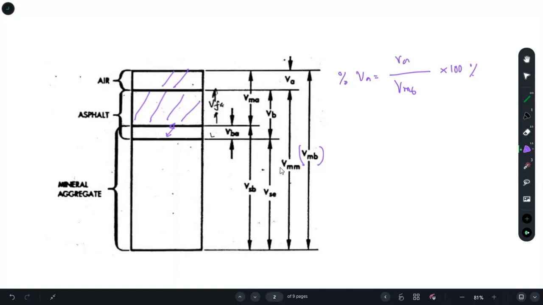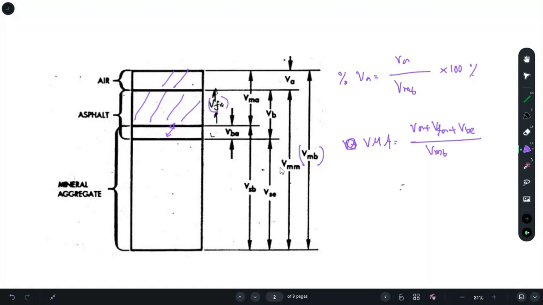So if you are trying to find out the voids in mineral aggregate, you have a total volume of VMB, and this total volume consists of these voids, which is void of air here, and this value, which is VFA probably, and another one which is VBE.